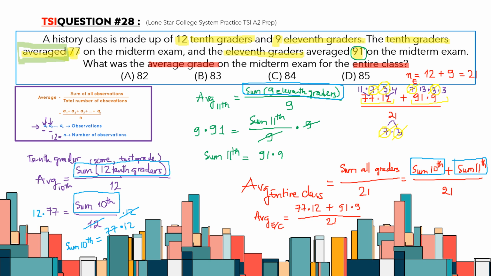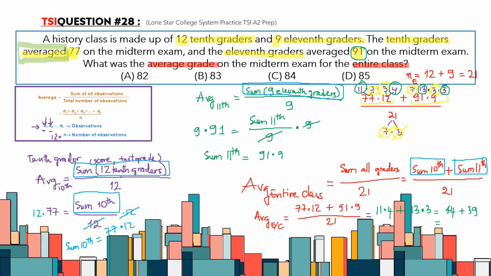What is left is to calculate 11 times 4 plus 13 times 3. 4 times 11 is 44, plus 3 times 13 is 39.